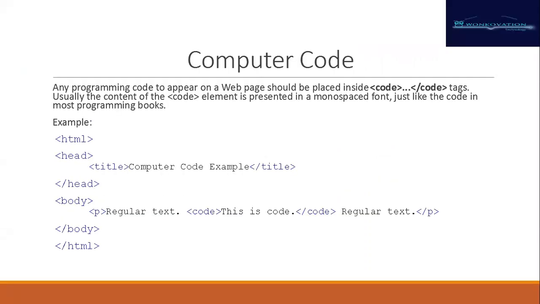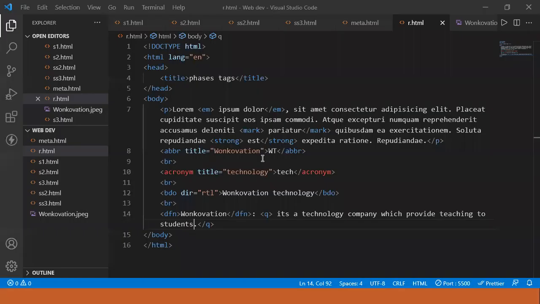Using the code element: when we want to write some computer code, any programming code, to appear on the web page, it should be inside the code tag. Usually the content of the code element is presented in monospace font. So by using code, it will be in monospace, and it will look like it is being written in code.